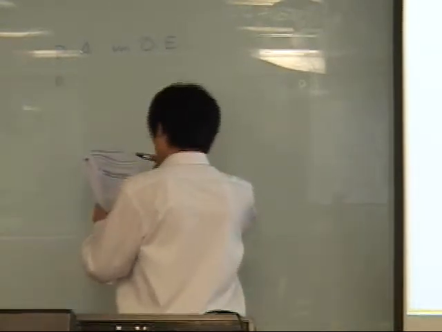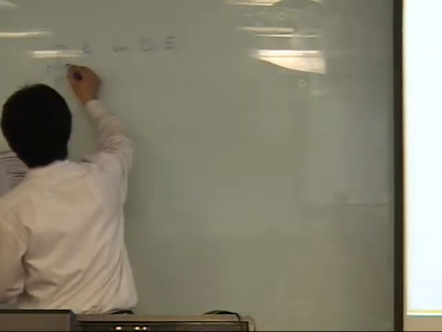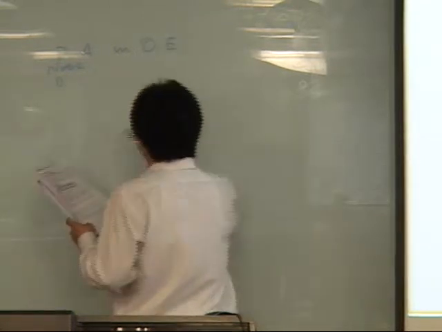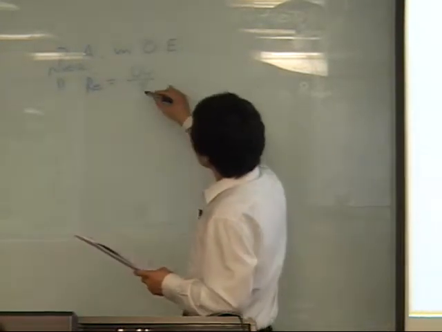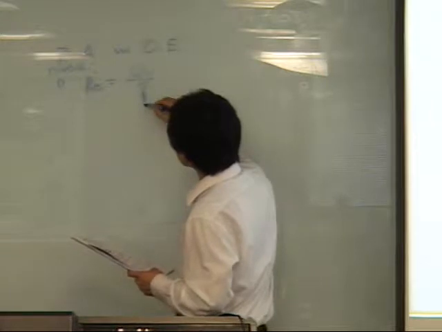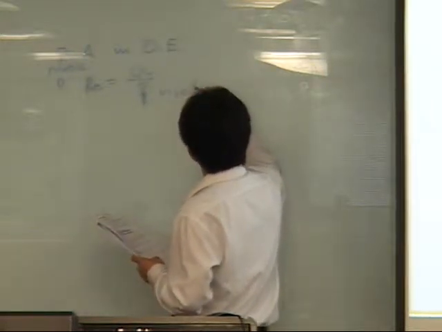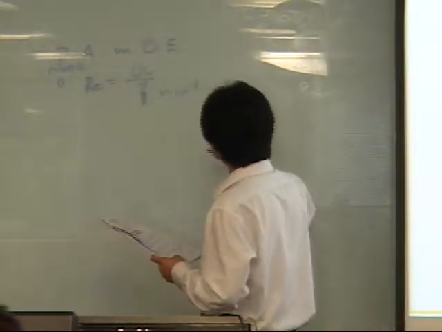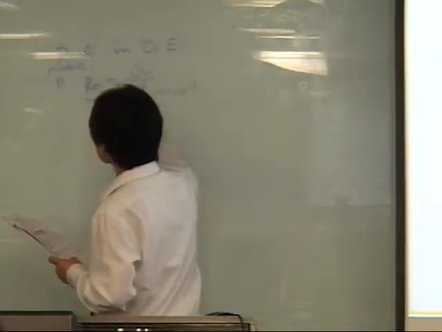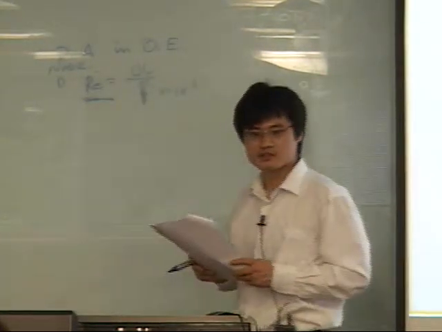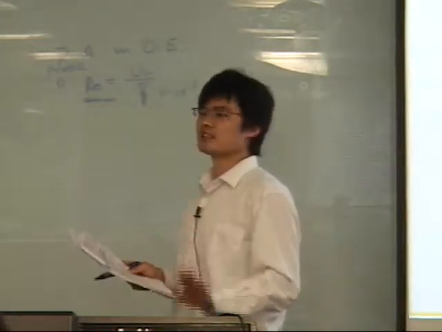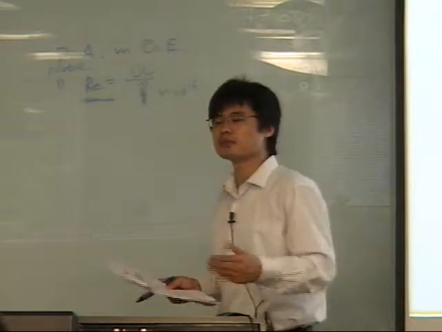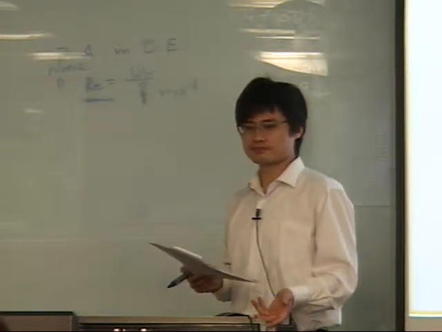Okay, the first thing I want to say for this dimensional analysis is about the Reynolds number, U L over nu. This thing for water is on the order of 10 to the minus 6. So typically, the Reynolds number will be large, which means what? Inertial force is more important than viscous force.